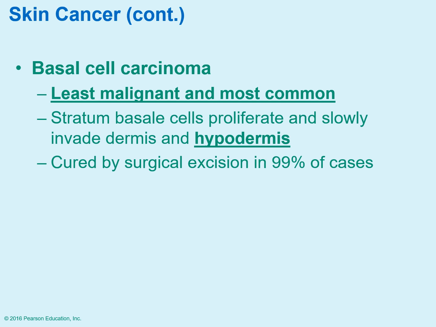What happens is the stratum basale cells are proliferating, meaning they're producing new cells, and they slowly start to move down and invade the dermis and hypodermis. How do you treat it? You remove them. Oftentimes they surgically cut it out, or use liquid nitrogen and freeze them off to kill them.